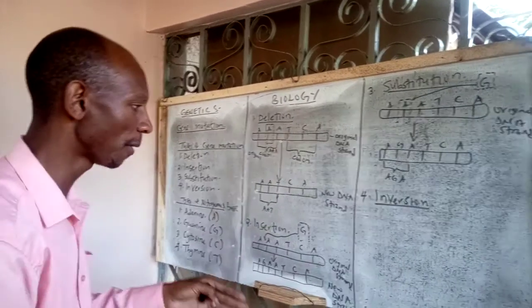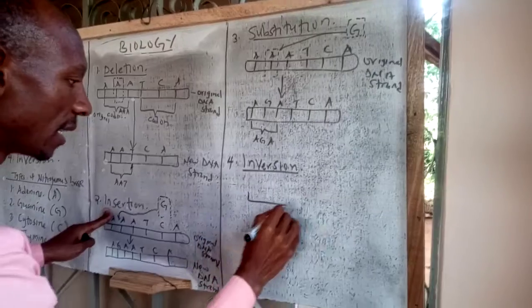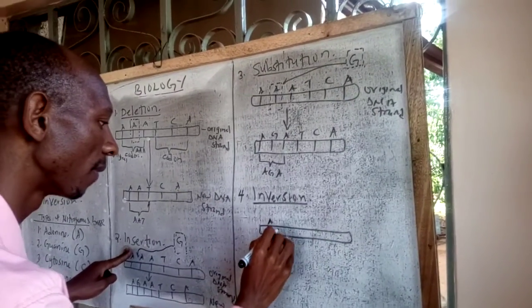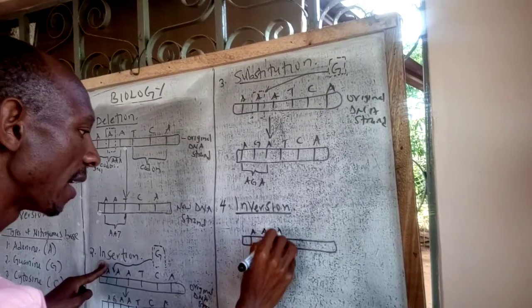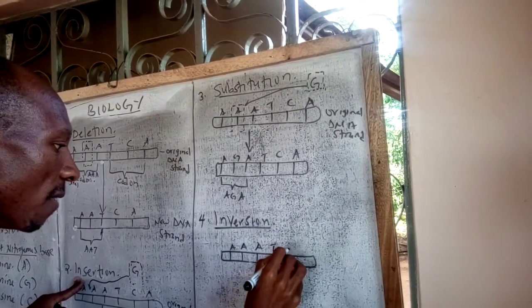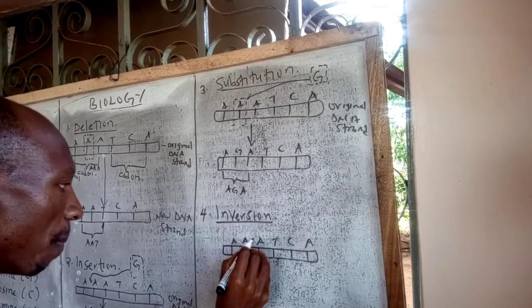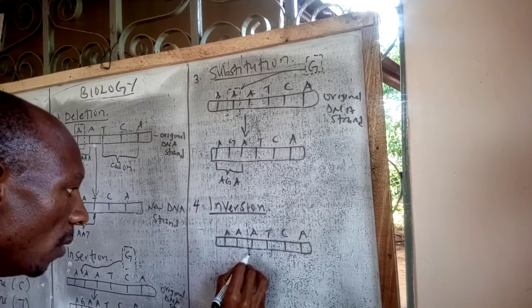And therefore an example, we'll be having it, the original one here, that is A. We have an A, we have an A, we have a T, we have a C, and finally we have a G. And therefore, the middle piece, you can look at it.